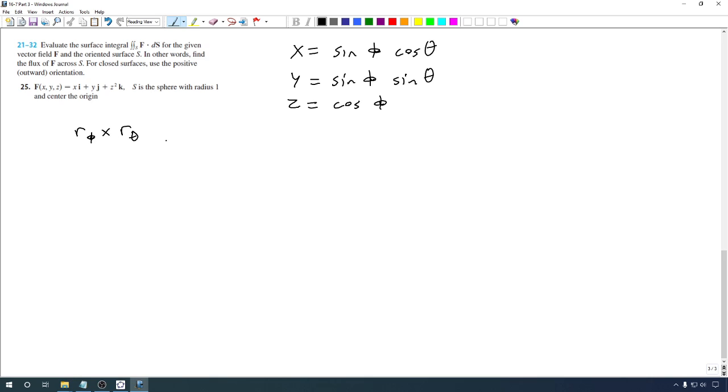Phi has to come first for it to be positive. And the result of that, we got sine squared phi cosine theta i plus sine squared phi sine theta j plus sine phi cosine phi k. And so this is the vector that we're going to use to compute our surface integral.